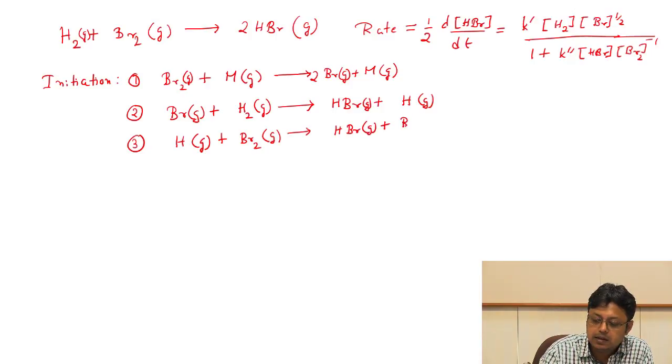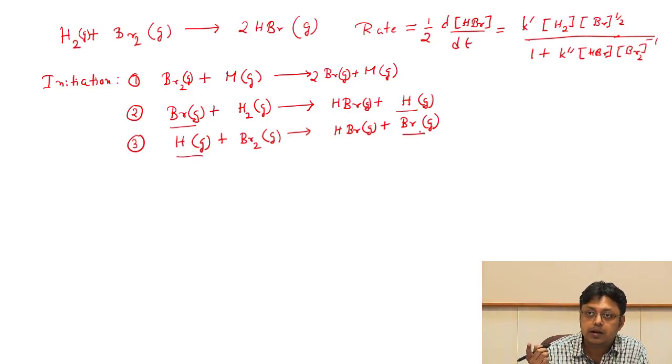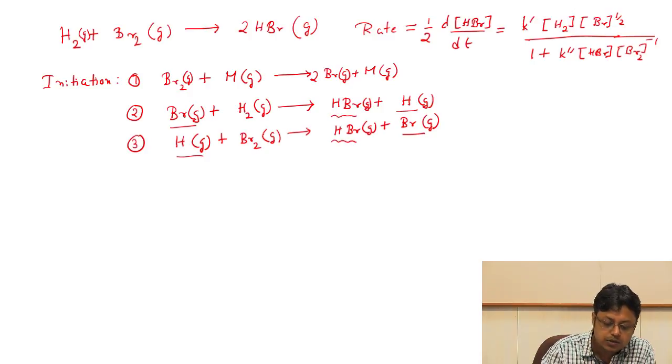So you can see that one radical, Br, is generating the other radical, and the H radical is generating the other radical. This process will continue because you are regenerating the old radical, and this continues. It is something like a chain reaction, and it just amplifies itself, and in the process you form HBr and consume H2 and Br2. This step is known as propagation.